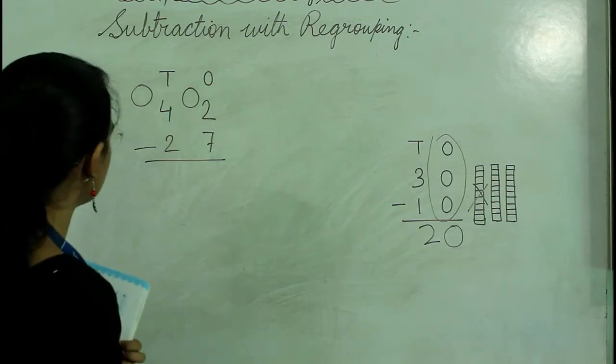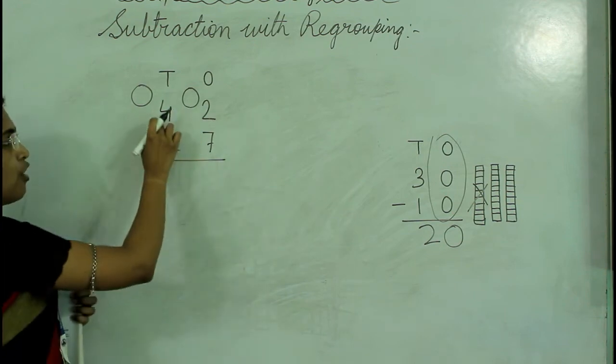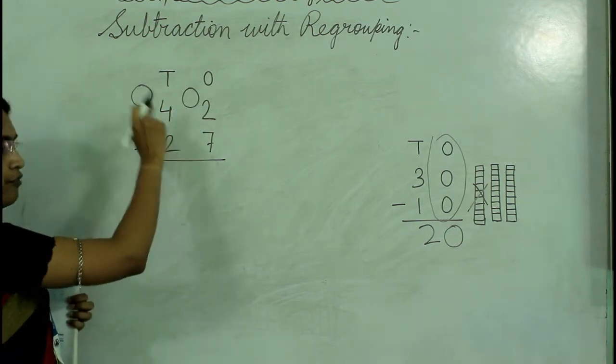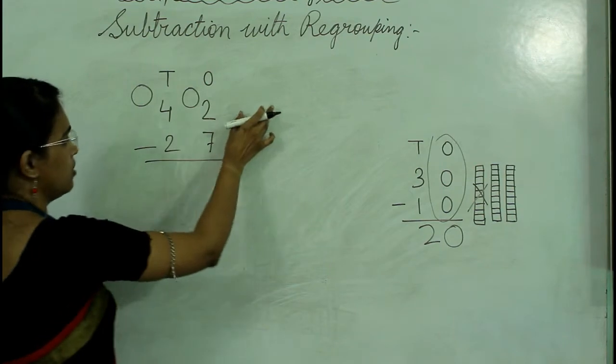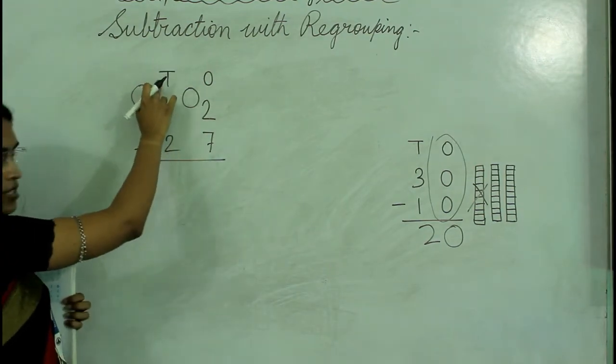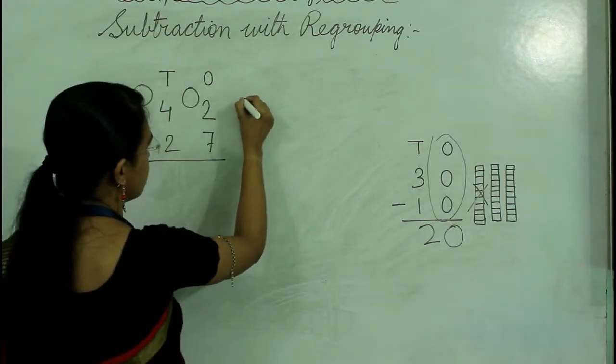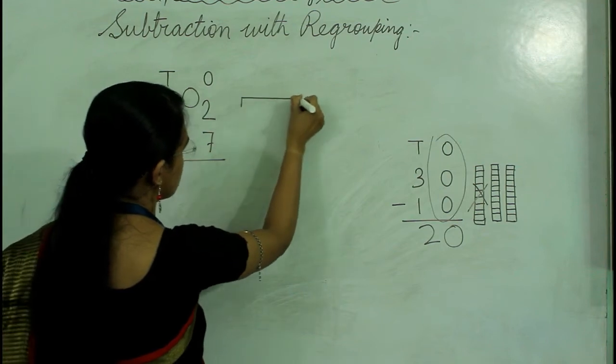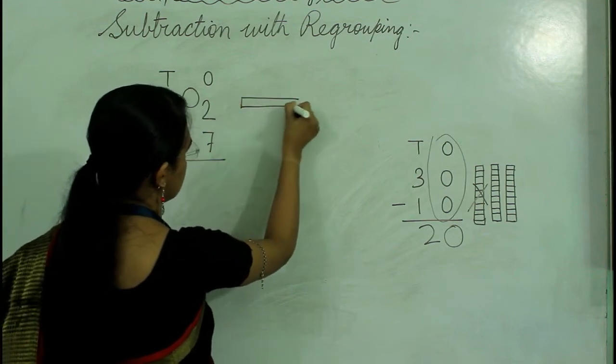So first we have to draw 4 groups of 10 blocks because it is in the tens place. That's why first we will draw 4 groups of 10 blocks.